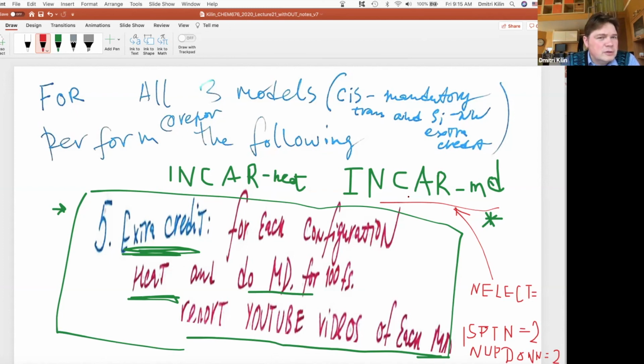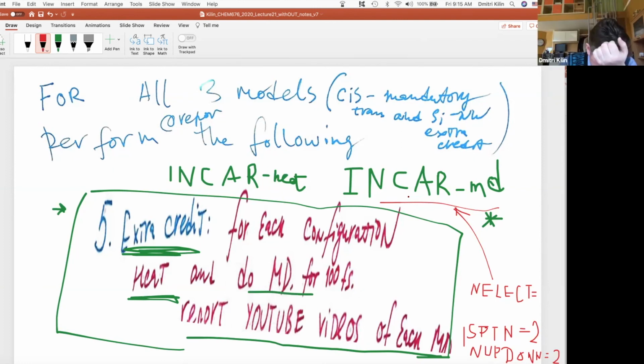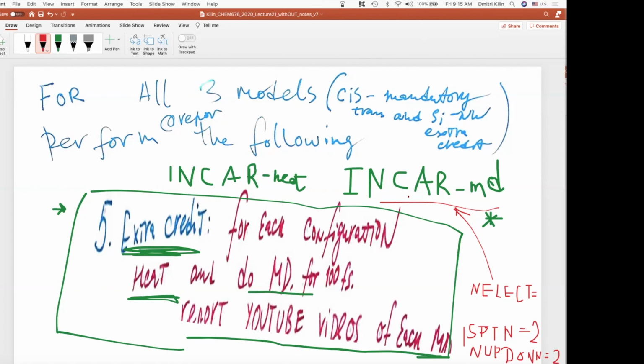Okay, Professor, for the INCAR file, suppose you did the anion and cation. After that, can we use that INCAR file for the MD simulation or heating, or do we need to copy from the first directory?